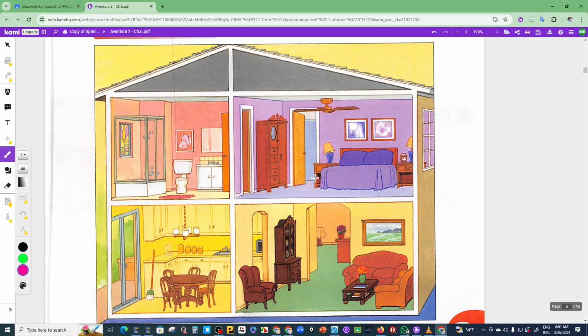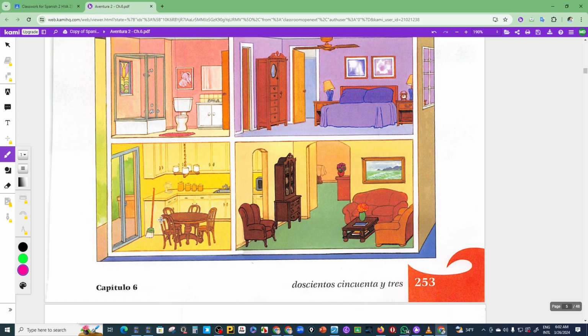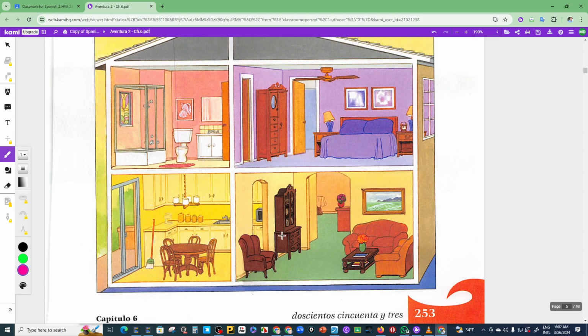We got the master bedroom, el cuarto principal. We have the dining room, which is el comedor, dining room, comedor. And we got la sala, which is the living room. So, sala over here, comedor, baño, y cuarto principal.